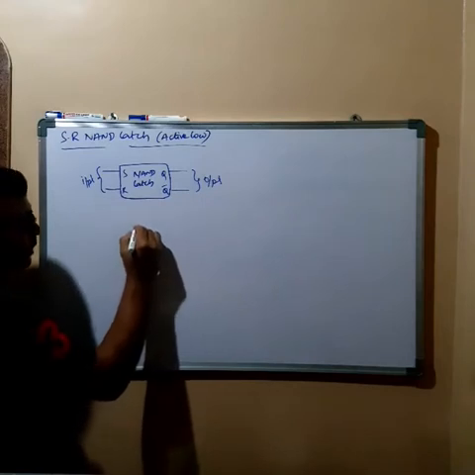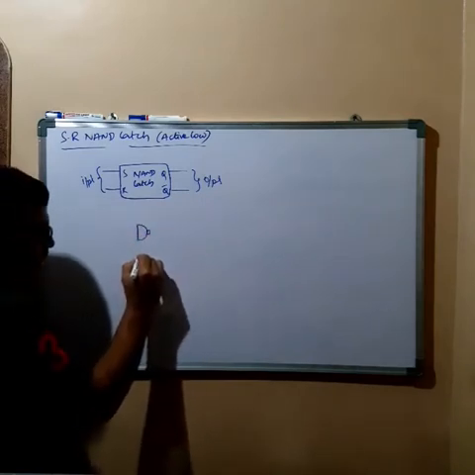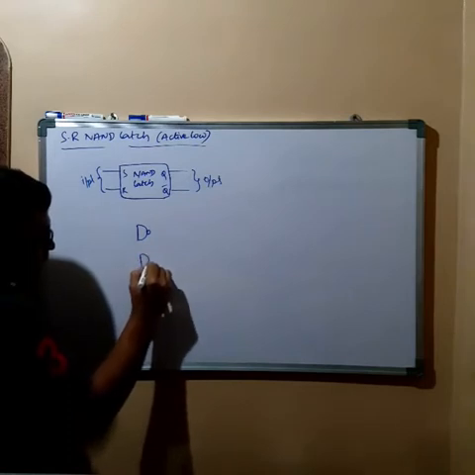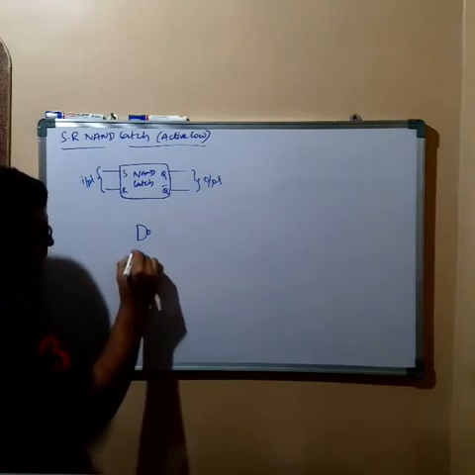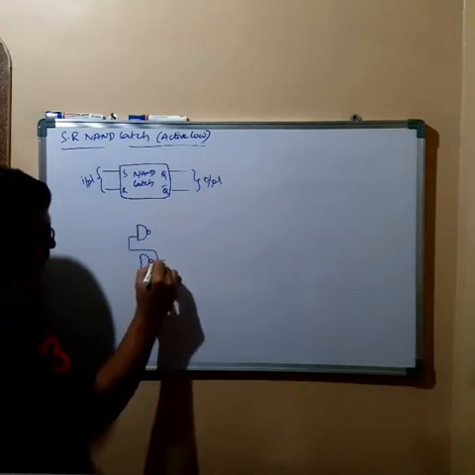If you look at the circuit diagram, you take two NAND gates. This is gate 1, gate 2. You connect one of the inputs from the complemented output.